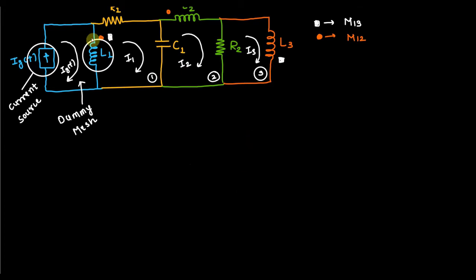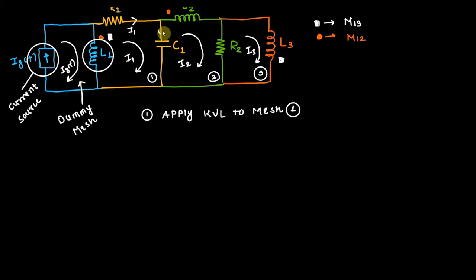The first step here is to apply KVL to mesh 1. So you can see that this is mesh 1. In mesh 1, what is the current through this R1? It is I1.